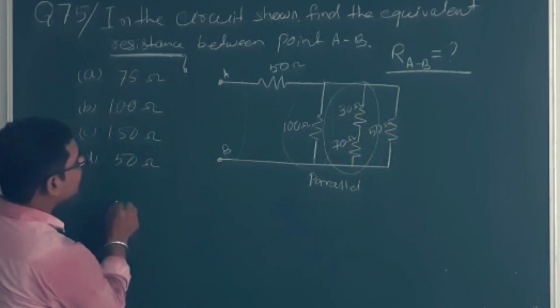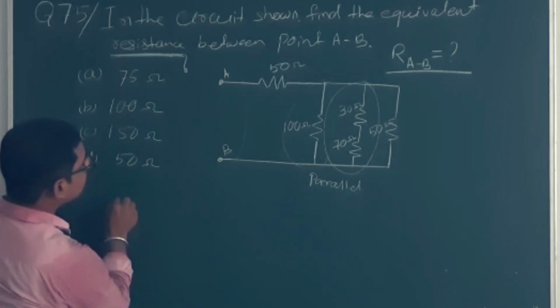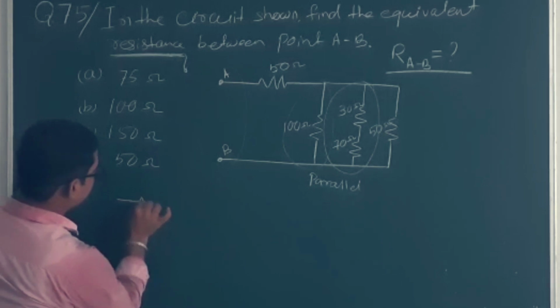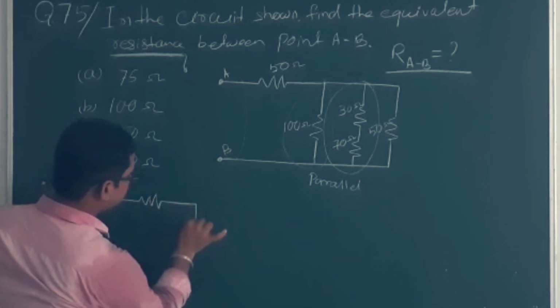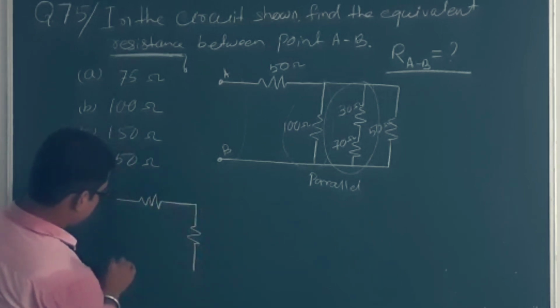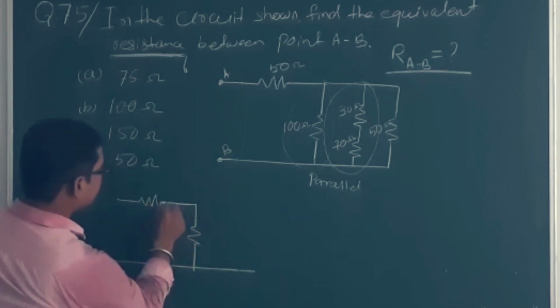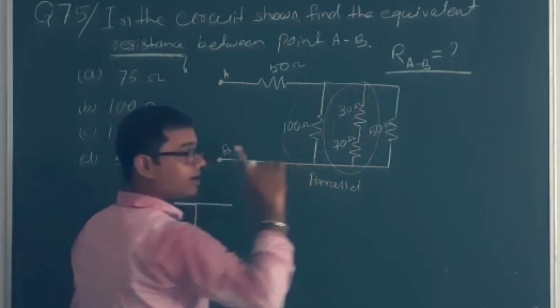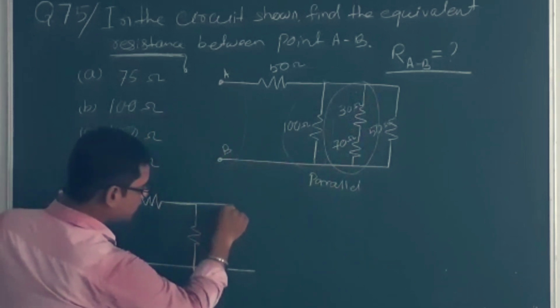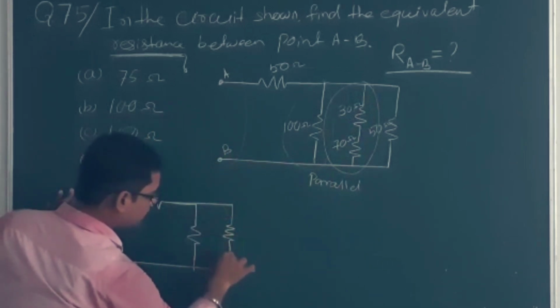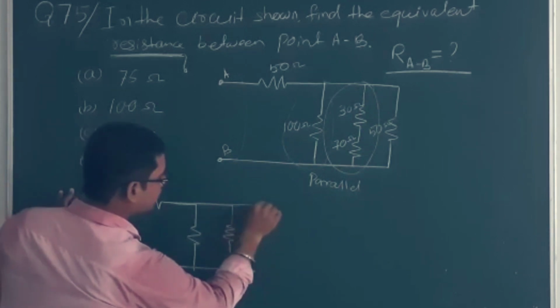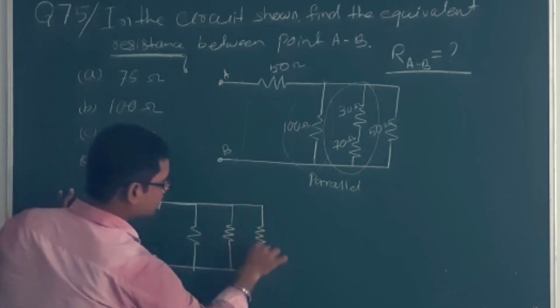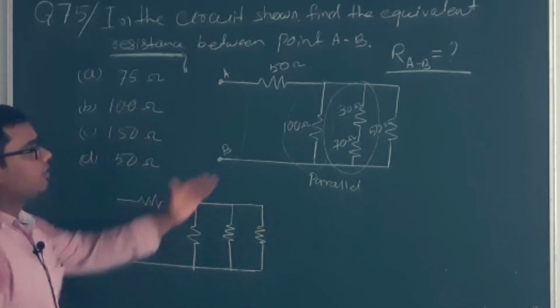If you solve these two, you get only one resistor, and I am leaving the other resistors as they are.